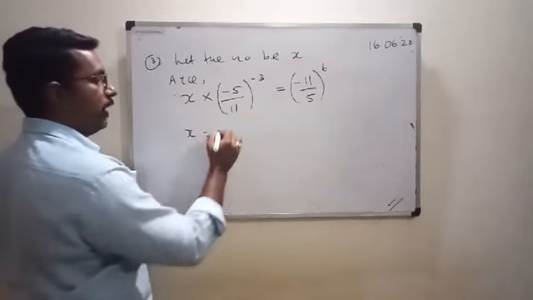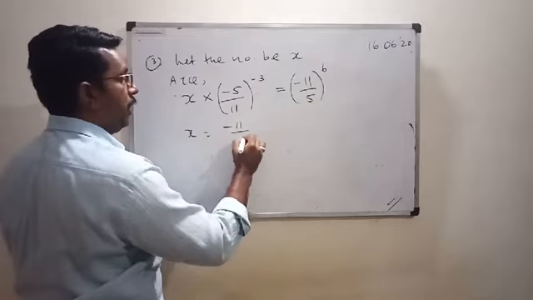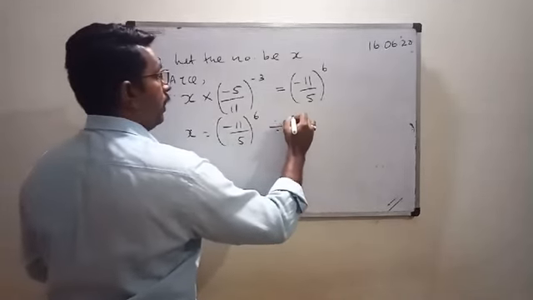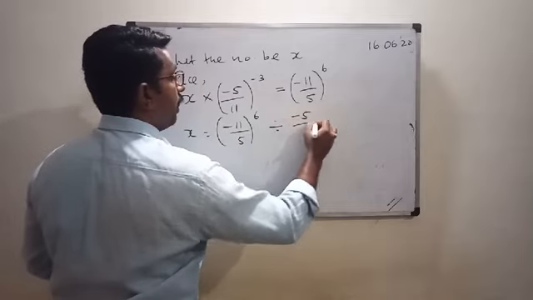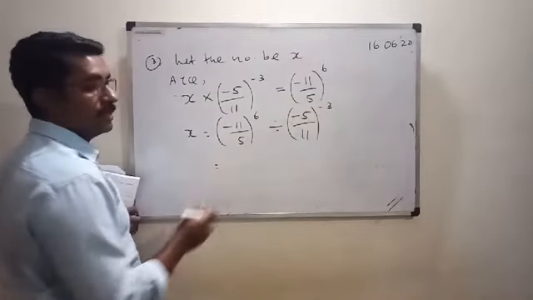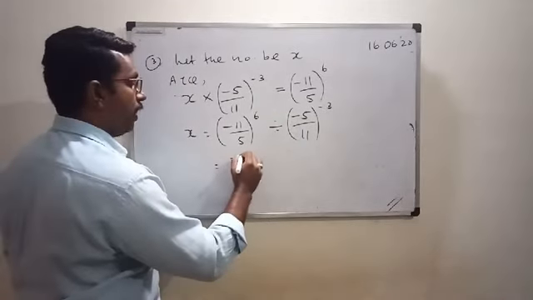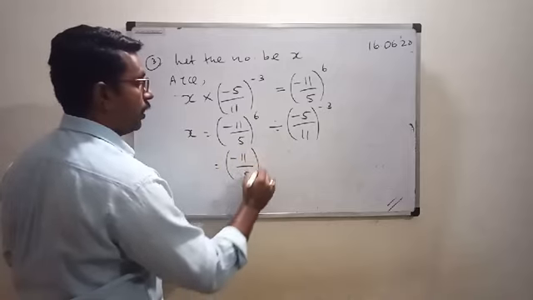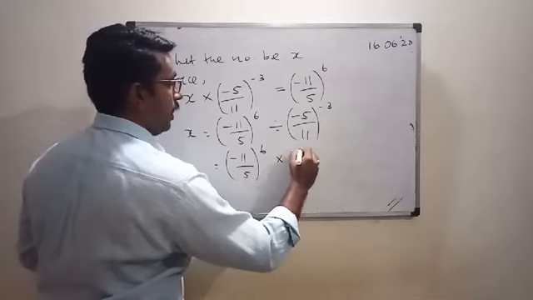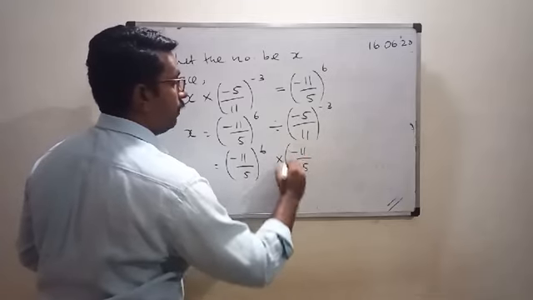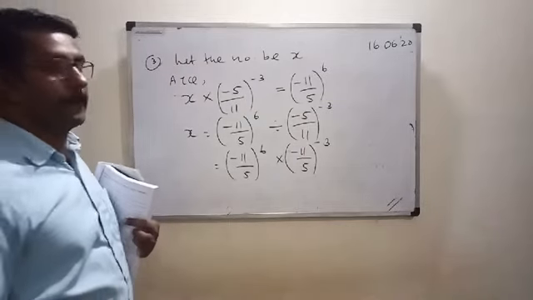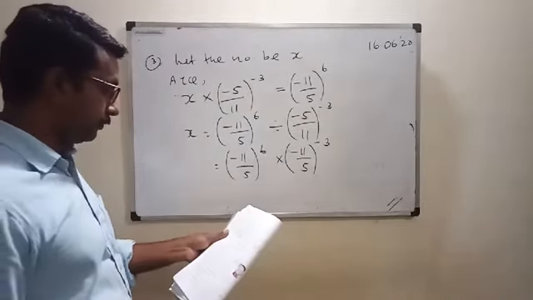Here it is multiplication to find the answer, so we divide minus 11 upon 5 to the power 6 divided by minus 5 upon 11 to the power minus 3. Here division. So how do we divide? You find the reciprocal of the divisor into minus 11 upon 5 to the power minus 3. Okay. Now you see this one.